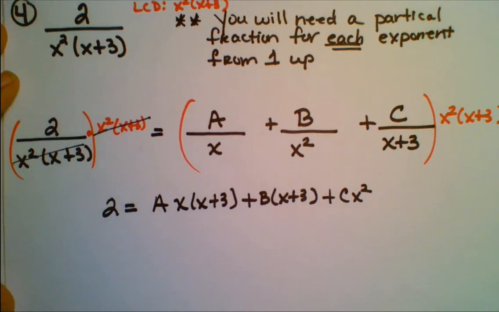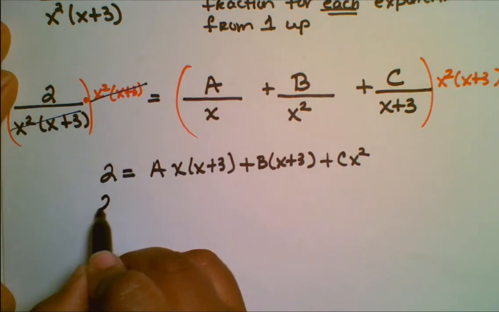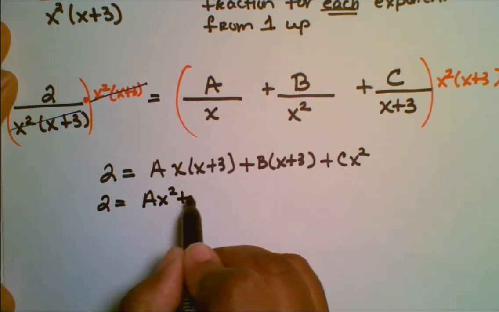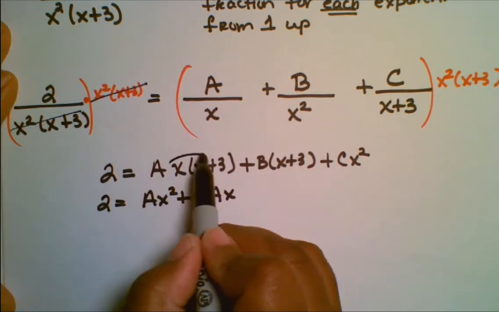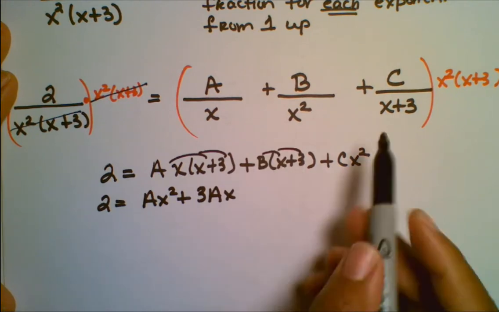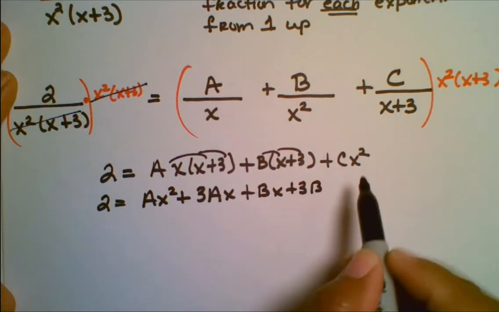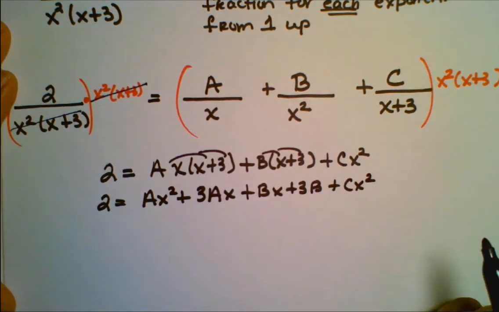So let's distribute the a and the b. We have 2 is equal to ax squared plus 3ax when we distribute both of those. Then we distribute the b. We have bx plus 3b plus cx squared.